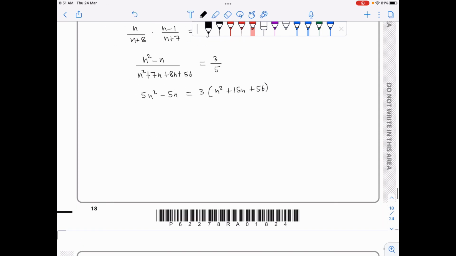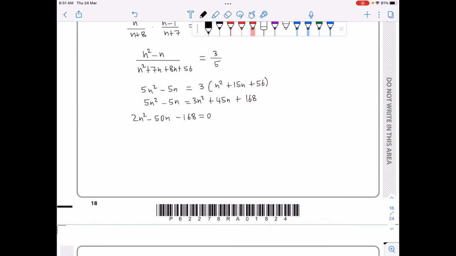I will expand: 5n squared minus 5n is 3n squared plus 45n plus 168. I will collect everything on the left hand side to give me 2n squared minus 50n minus 168.